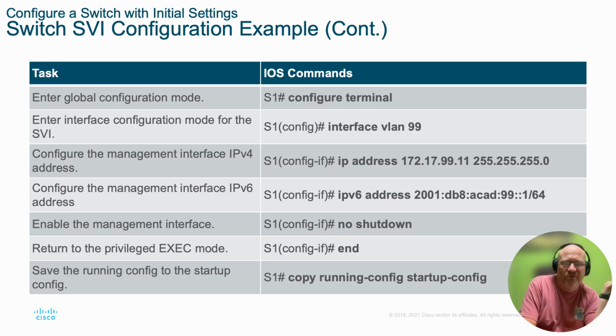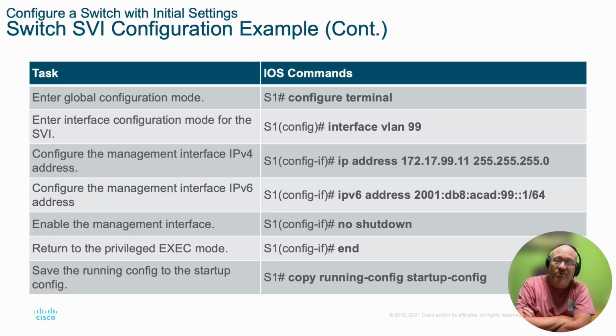You go into config term, you set up the interface as a VLAN, and you'll learn more that VLANs are actual virtual interfaces as well that aggregate interfaces or switch ports within itself, and you can then give it an IP address. To give a switch port an IP address, you've got to turn it into a routing port.